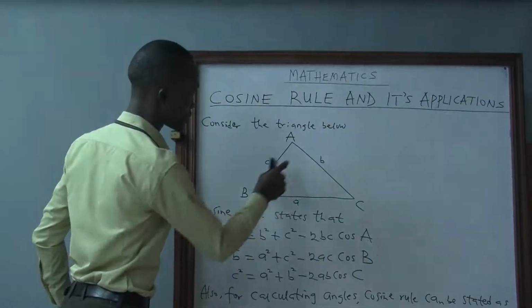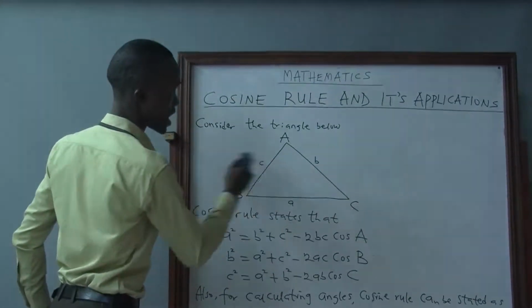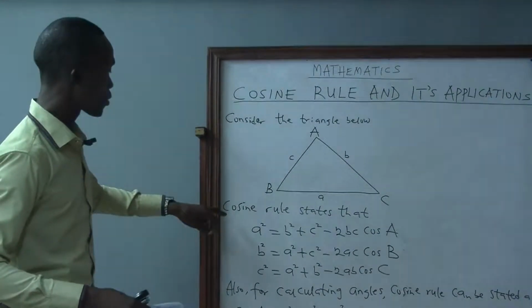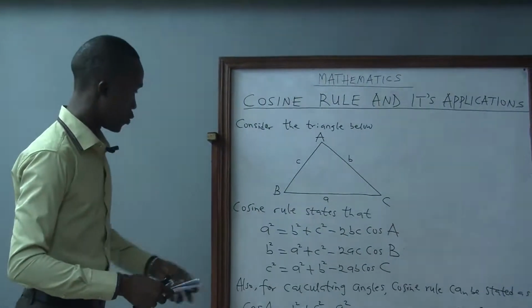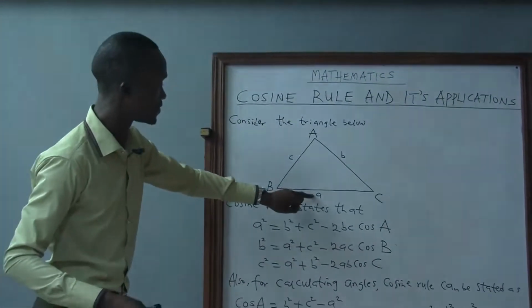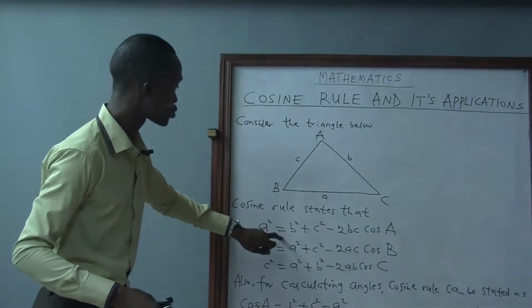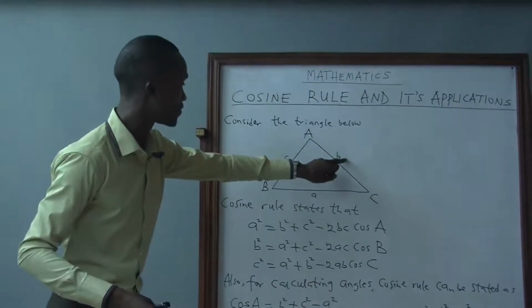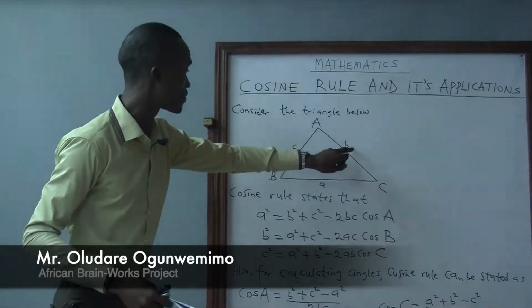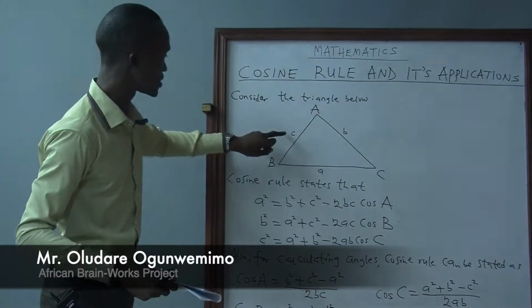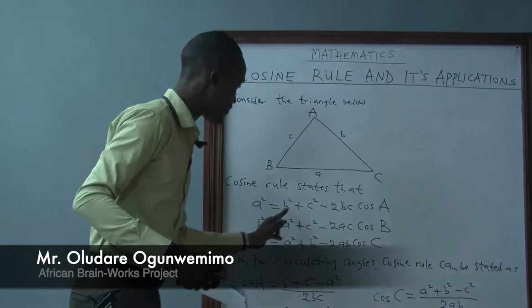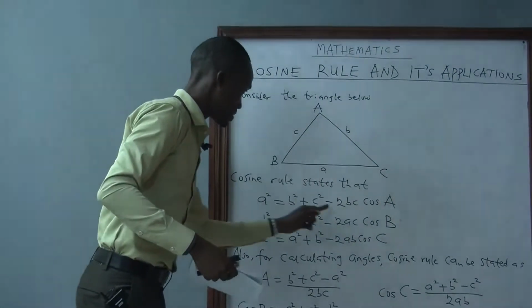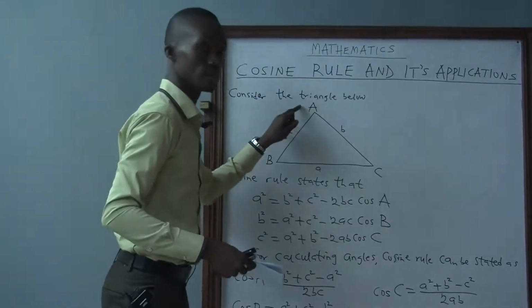The same also for angle B and angle C. And cosine rule states that for a triangle ABC, we have a square, the square of this side, is equal to the square of the second side plus the square of the third side, minus 2 multiplied by BC cos A.